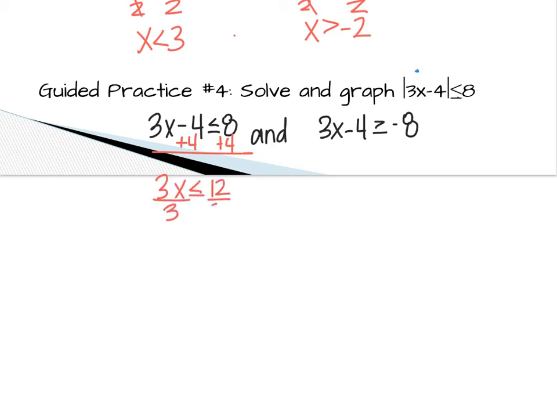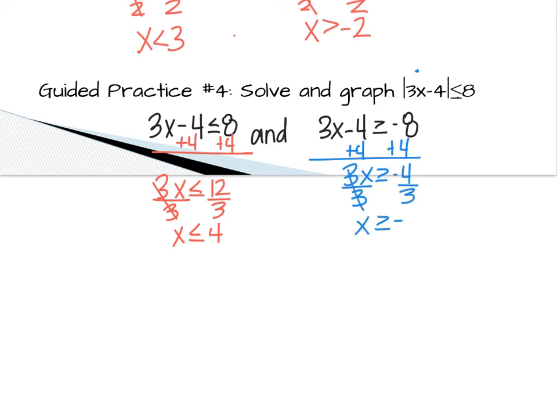Divide by positive 3, so my inequality stays the same, and we get 4. On the right hand side, we're going to add 4, and we get 3x is greater than or equal to negative 4. Divide both sides by 3, so x is greater than or equal to negative 4/3.